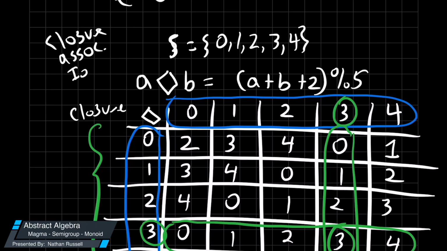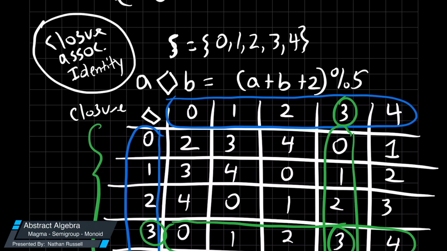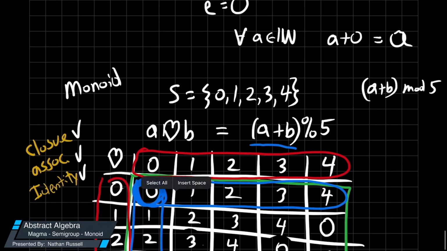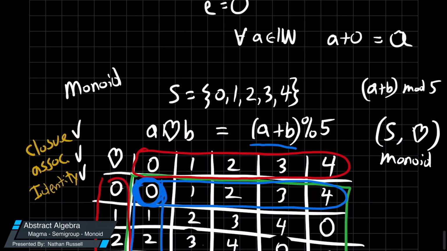And we also have an identity. So we have all three things. We have S with the diamond operation is a monoid. Up here, same thing. We had S with heart operation, and we have again a monoid.